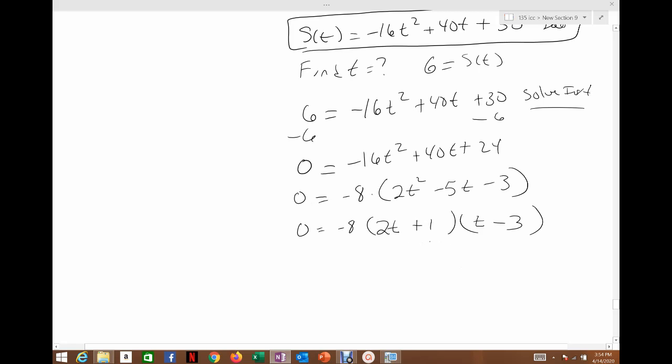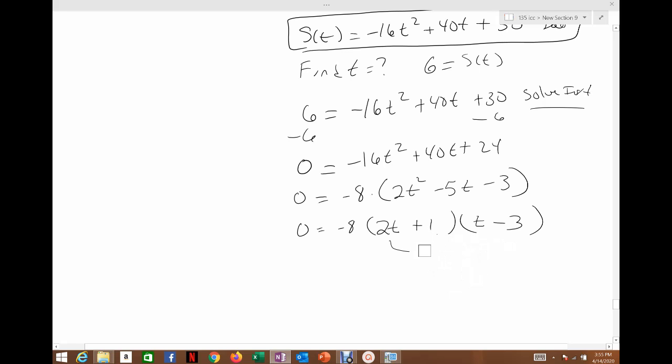My check is: 1 times t gives me t, negative 3 times 2t is negative 6t. When I add them up, I get my negative 5t in the middle. So it checks.